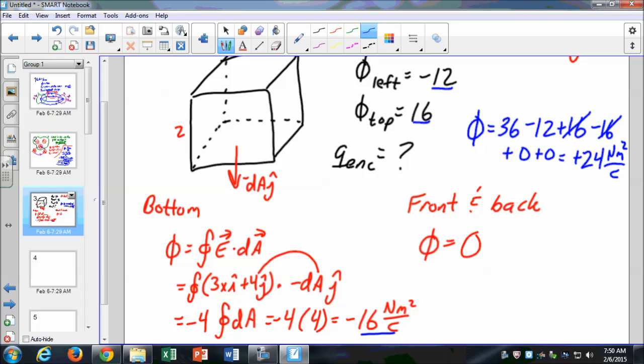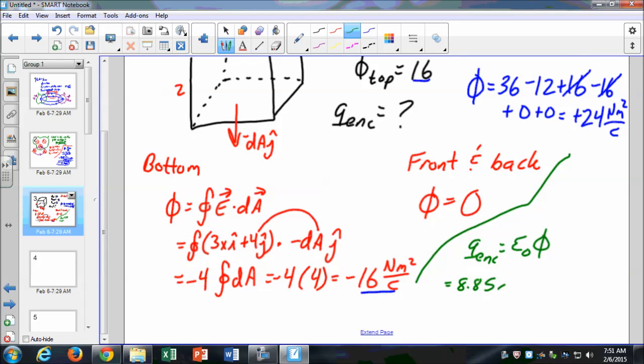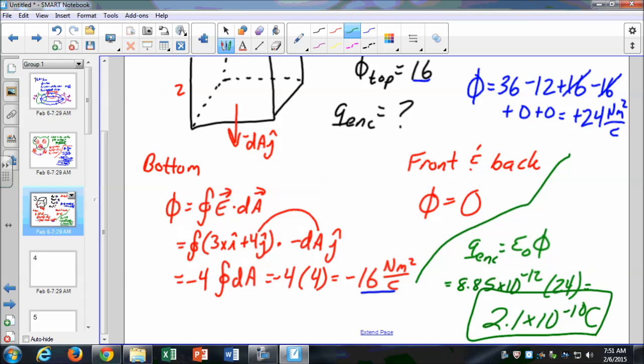All right, once we do that, it's pretty simple to find the charge. We just say the Q enclosed is equal to epsilon naught times that total flux, and then that's it. So really the hard part's finding the flux.